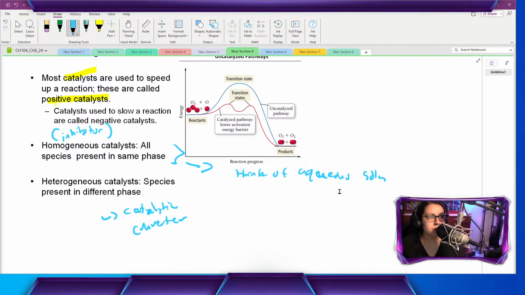This is still feasible since you usually only use like 1 to 10%. It's called loading of a catalyst. Instead of using a 1-to-1 ratio, you can use 1 to 100, so 1% catalyst to 100 moles of what you're interested in.